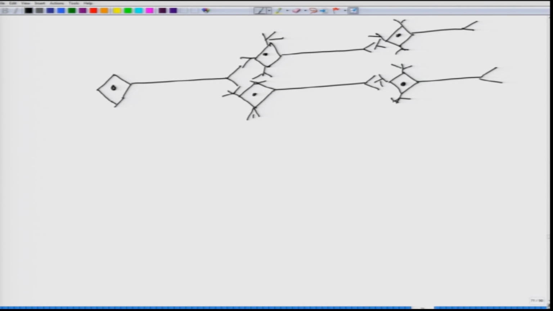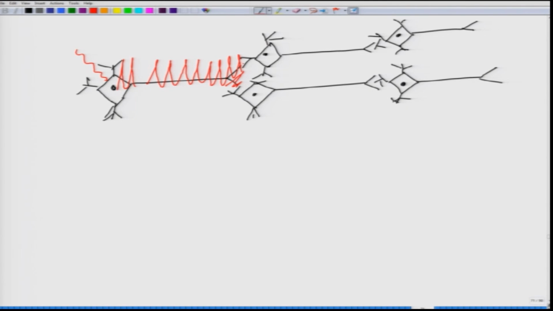Fine. Now, when a signal is traveling from here, I said that suppose some stimulus came and it results in a threshold. So, this threshold, the action potential is traveling, the single action potential, now I am making multiple action potentials, like it reaches here. Of course, part of it will reach here too.